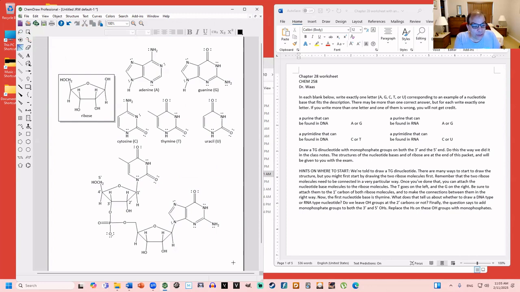There we go. So there's our dinucleotide. Next thing we need to consider, not that we necessarily have to go in this order, but the question says to draw a TG dinucleotide.